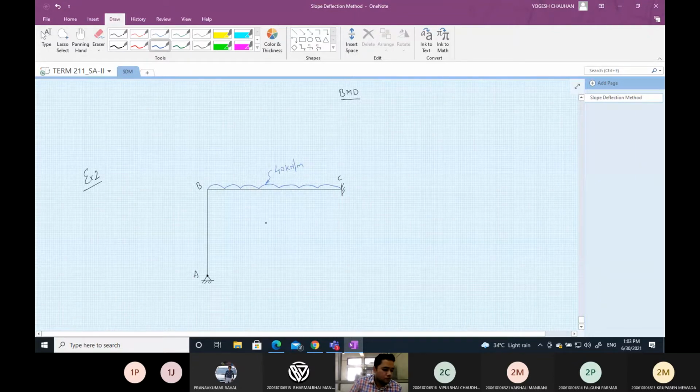This is 4 meters, and the inertia for this member is I. This is 6 meter, and the inertia of this segment is 2I. Okay, E is constant.